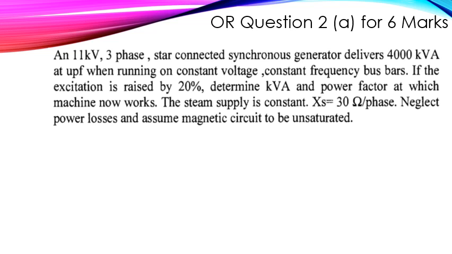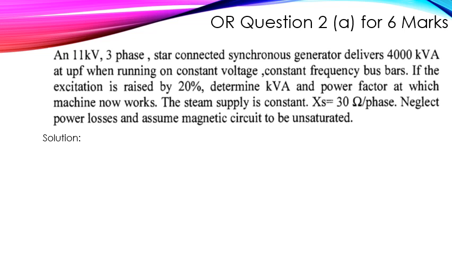So as per this question, we have to assume the excitation is raised by 20%, and according to that we have to determine the kVA rating and then the power factor of the machine at the new kVA, right? Okay.